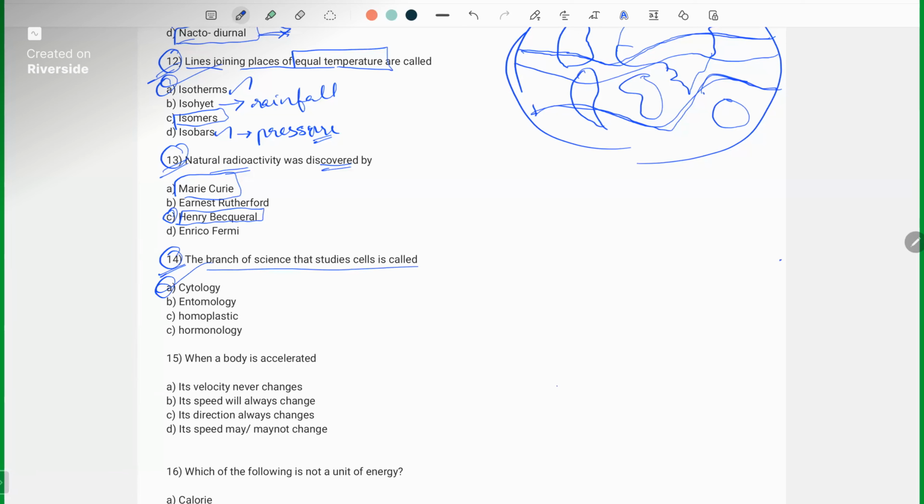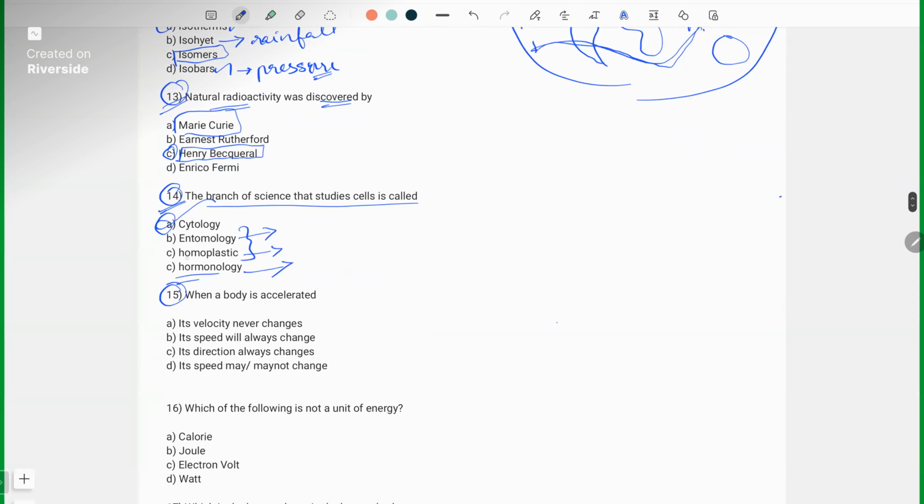It is cytology. And go and note down what is entomology, what is homoplastic, what is hormonology. Hormonology is evident from the word itself, it is the study of hormones and their functions. Okay, and go and read on entomology and homoplastic. There was a separate question on homoplastic in another previous year.